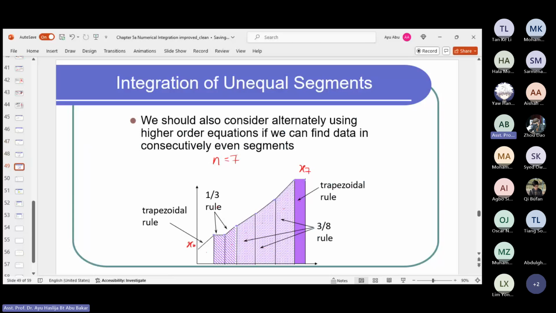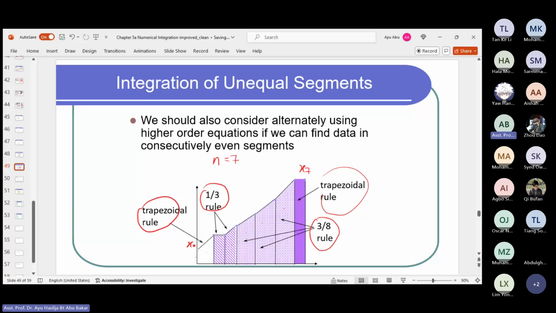You can use a combination of the integration. You can choose to use the trapezoid rule for the first segment and the last segment. Then the next two segments you use the 1/3 rule. Then these segments you use the 3/8 rule.